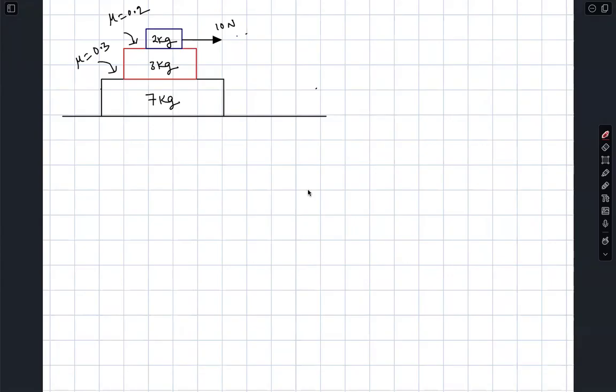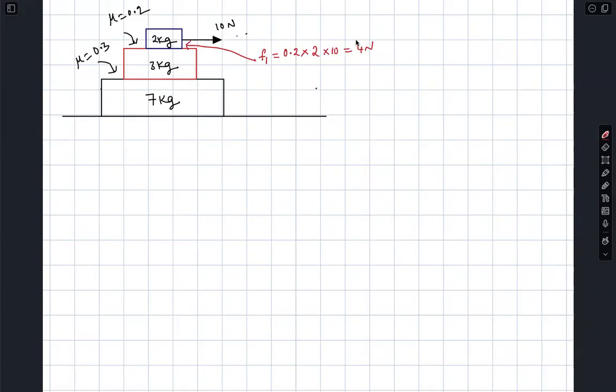I told you a number of times, before you start in friction, you make sure what are the limiting values. For example, the limiting value of friction here is 0.2 into 2 into 10, that will be 4 newtons.